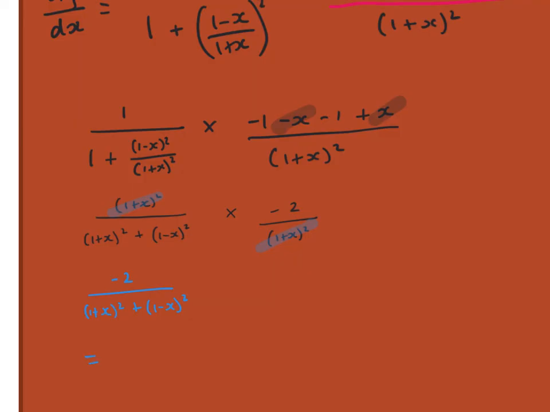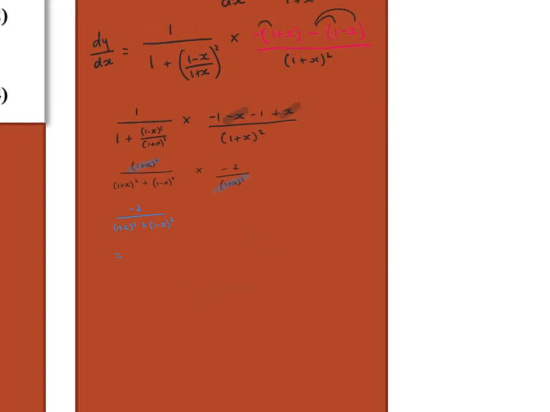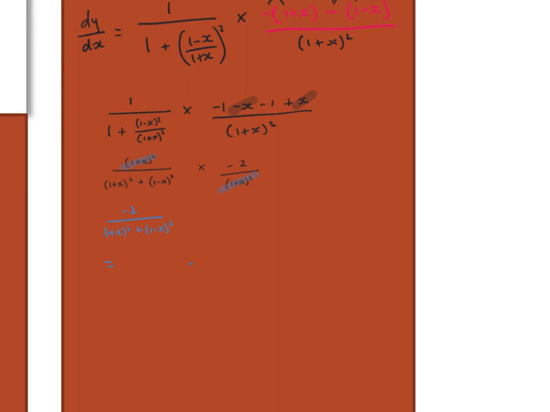Okay, if I expand that out, I'm going to get minus 2 over x squared plus 2x plus 1 plus, I'm going to get x squared minus 2x plus 1. So I'm going to get minus 2 over 2x squared plus 2.